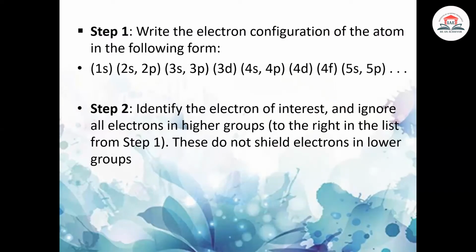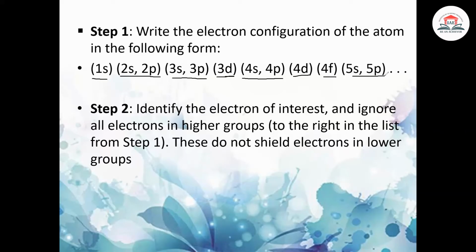First you have to write the electronic configuration of the atom in the following form. কিভাবে লেখা রয়েছে: 1s within a bracket, then 2s 2p, then 3s 3p in a single bracket, then 3d কিন্তু আলাদা হয়ে গেল, 3d is separate. ঠিক আছে, this 1s, then 2s 2p, 3s 3p, then 3d in a separate bracket, again 4s 4p in a single bracket, 4d again is separate, 4f similarly, 5s 5p, like that. Okay, so first your job হচ্ছে to write the electronic configuration in this particular manner.